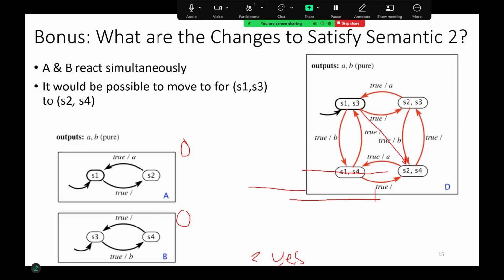But if I stay at S2 and S3 and then go to S1 S4, right? If I stay at S2 S3, exactly, and then take this transition and take this transition, exactly, from S2 S3 to S1 S4, like this.